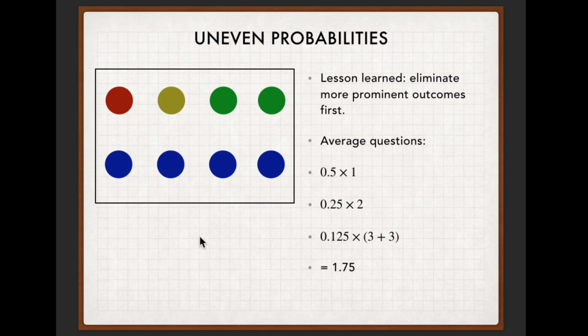So if we design questions like, first let's ask whether it is blue. If it's not blue, ask whether it is green. If it's not green, then we distinguish red and golden. In this way, we will have a system of questioning. On average, we need this number of questions to get the right color.